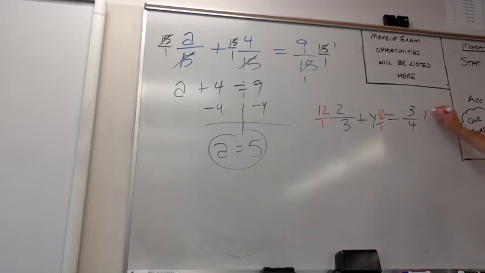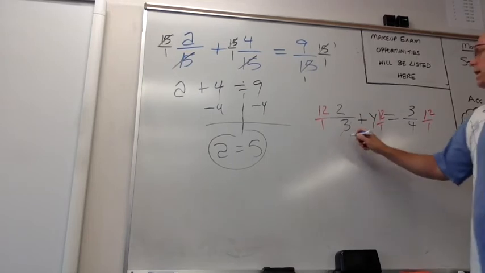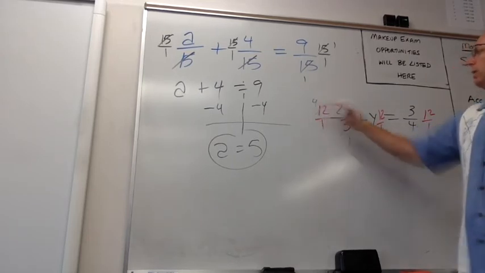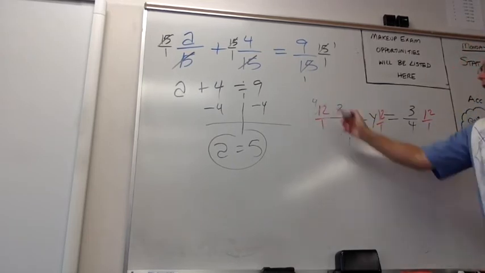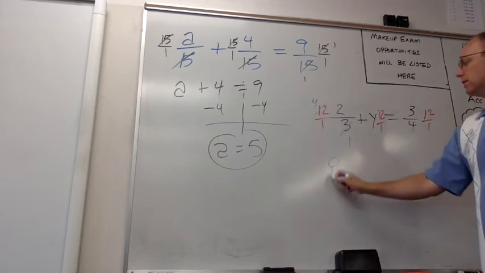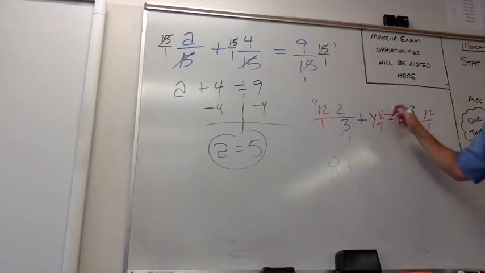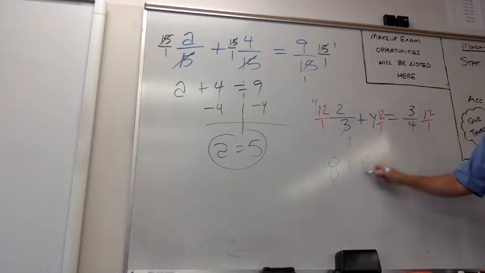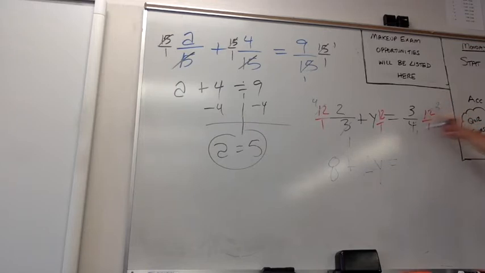Yeah. So 3 goes into 12 4 times. So what do I have right here? 8 plus, this one didn't have anything to cancel, so I just get 12y. 4 goes into that 3 times. What do I have over here? 9.